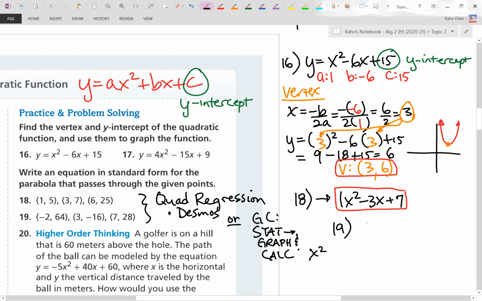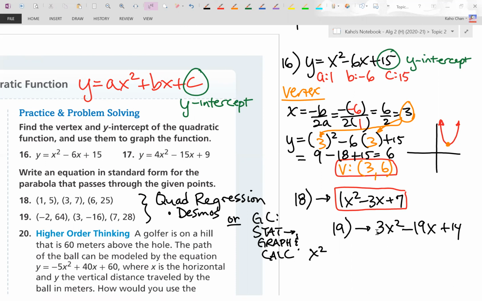And I'm going to give you the answer ahead of time for those crazy numbers there on the left. The answer should be 3x squared, we're going to double check the math here, minus 19x with our technology, plus 14. Okay, fingers crossed. Here we go. Back to Desmos.